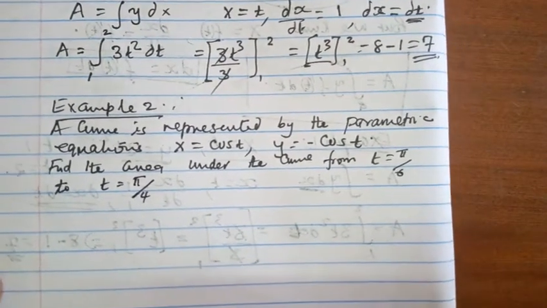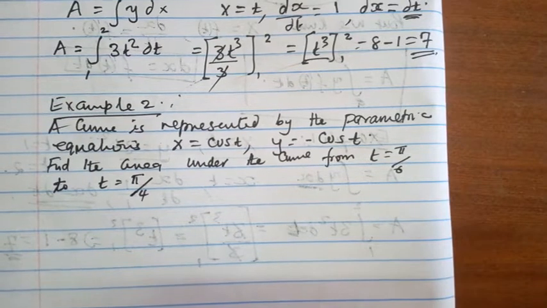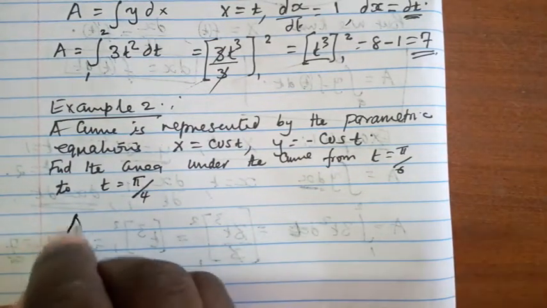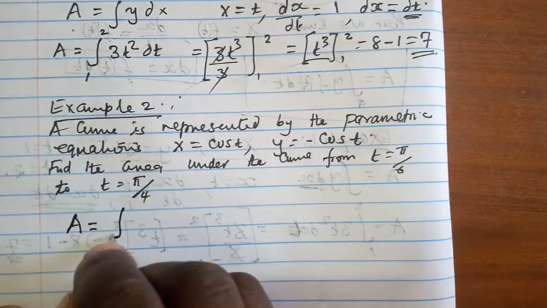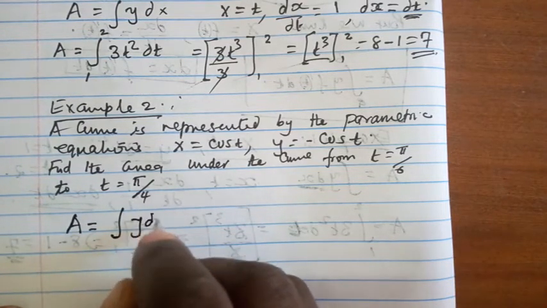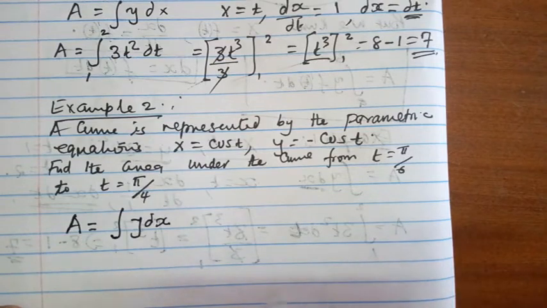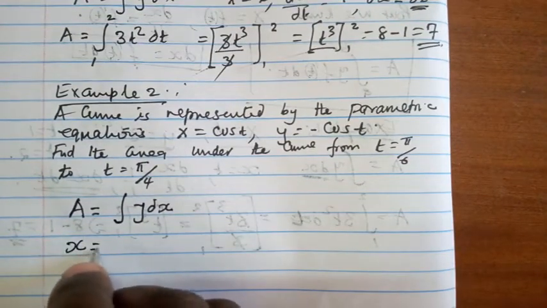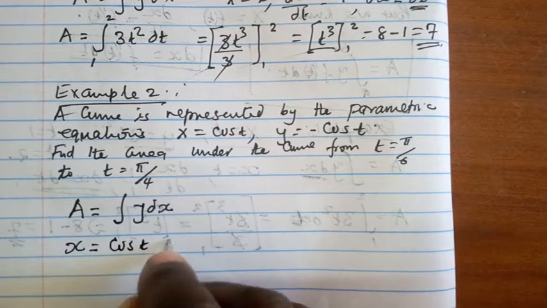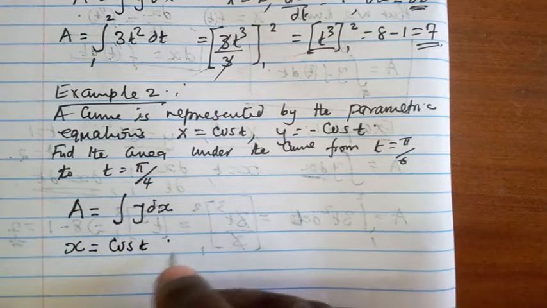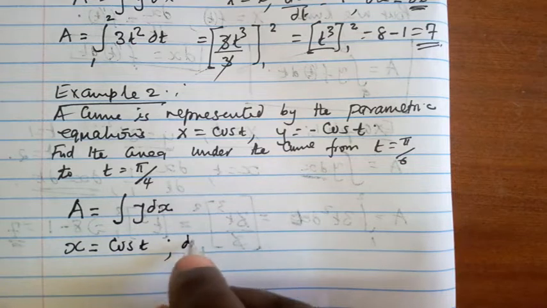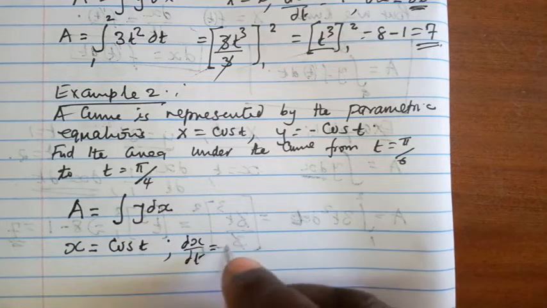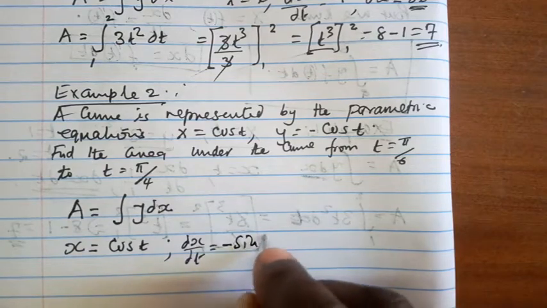Of course, we start with a general approach. The very general formula learned in pure mathematics 2, we say, let A equal the integral of y with respect to x. At this point, we know x equals the cosine of t, and this means that dx/dt equals minus the sine of t.